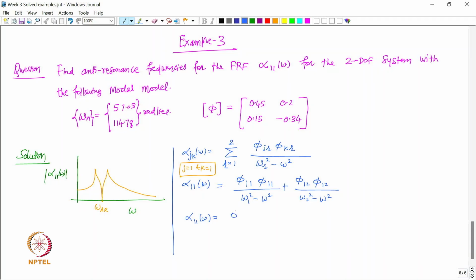It becomes phi 1 square (omega 2 square minus omega square) plus phi 1 2 square (omega 1 square minus omega square), upon (omega 1 square minus omega square)(omega 2 square minus omega square), correct. So, that becomes the expression for alpha 1. So, now we will invoke the basic definition of omega AR to find and proceed further, correct. And so, let us go to next page.